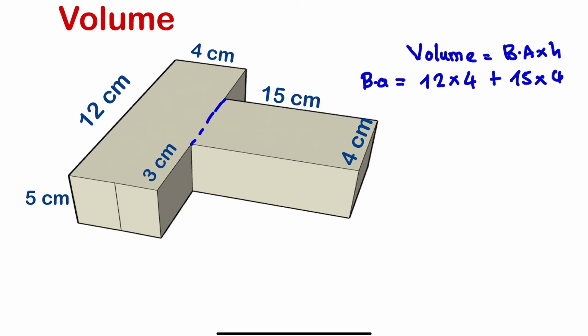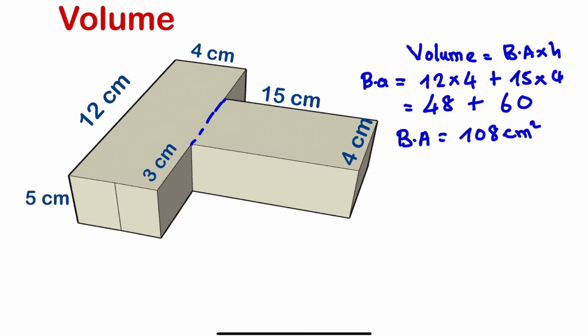So this is our base area. If we multiply them together, 12 times 4 gives us 48, plus 15 times 4 gives us 60. If we add them together, our base area is equal to 108. So the base area is 108 centimeters squared.